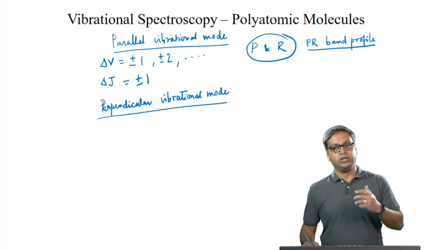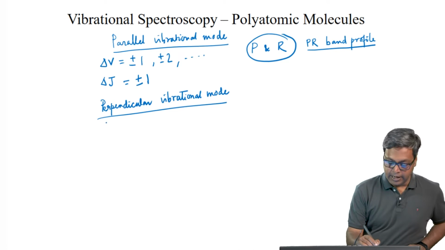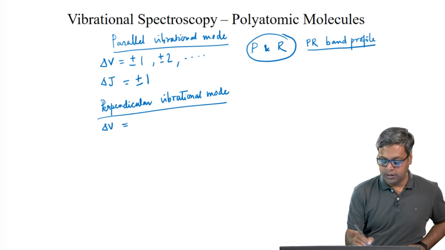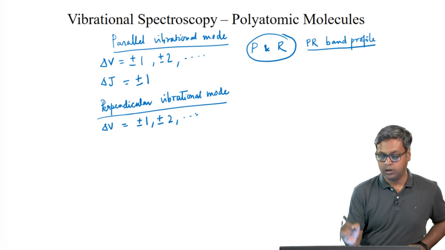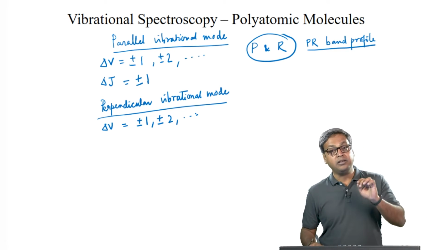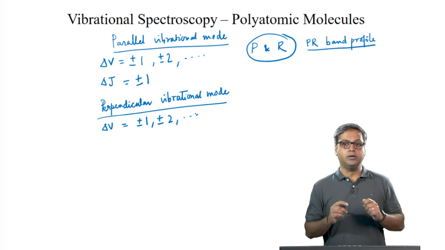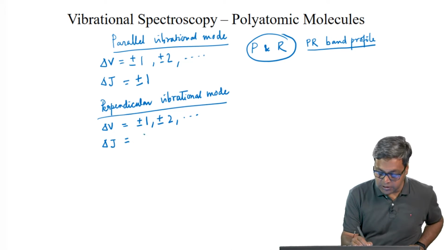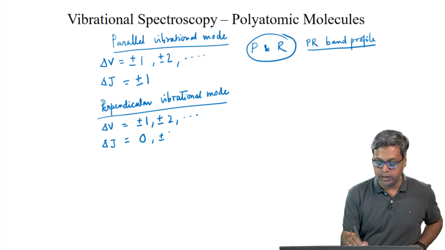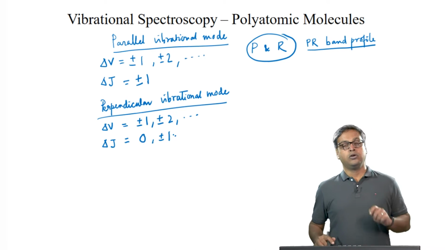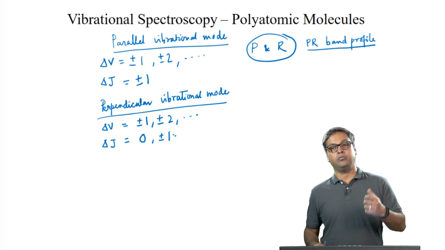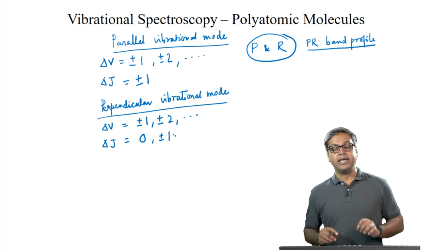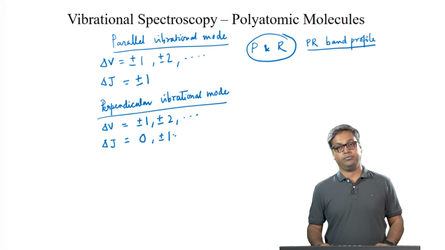So, the selection rule is delta V is plus minus 1, plus minus 2 and so on, but the main difference of the perpendicular vibrational mode of a linear molecule is that delta J equals 0 and plus minus 1. So, for the perpendicular vibrational mode, delta J can be equal to 0.